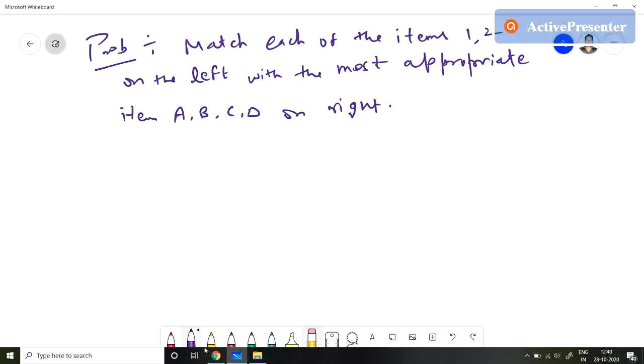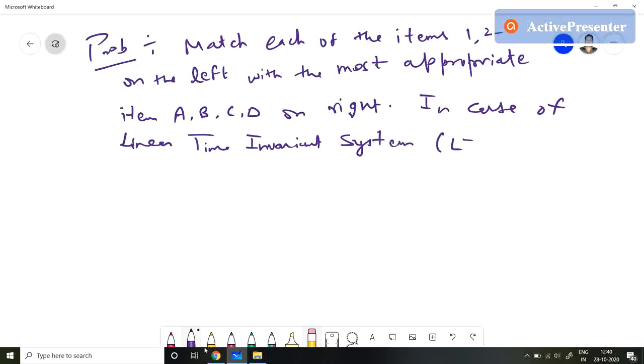In case of a linear time invariant system, that is an LTI system, the first is: poles in the right half of the S plane implies.